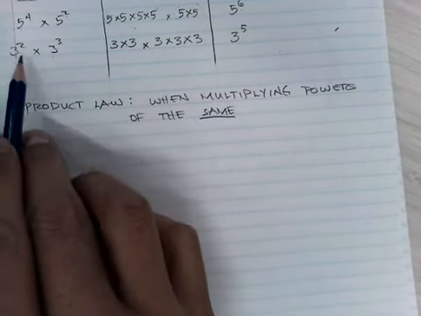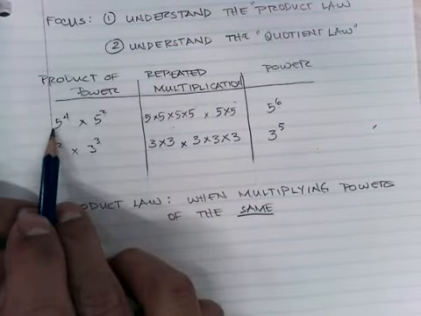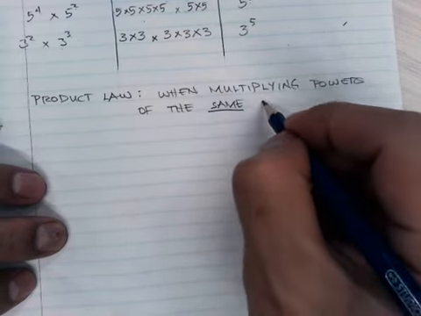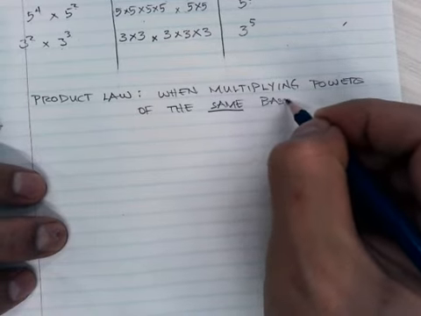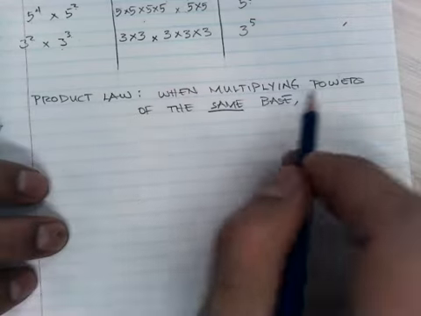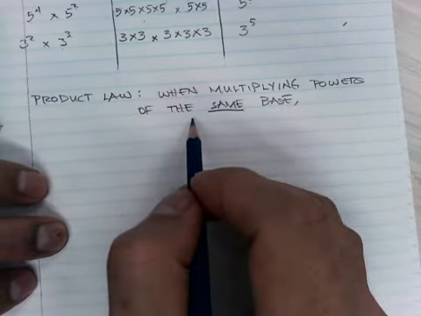Okay, notice here it's both 3 and 3. In this example, they're both 5. So the bases have to be the same. Okay, when you're multiplying powers of the same base, you simply just add the exponents.